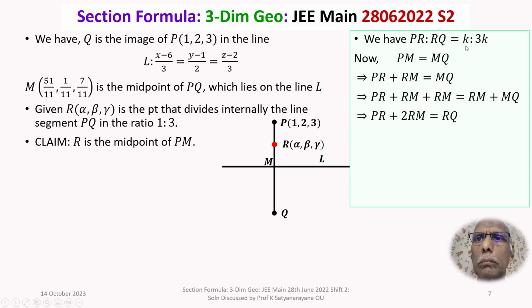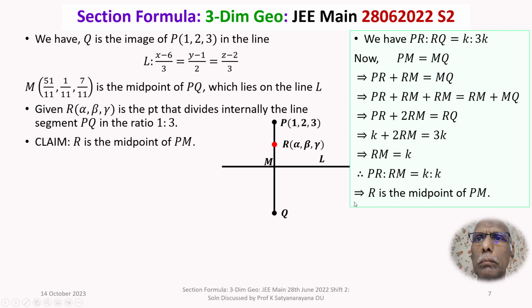Now PR is K. This will imply K plus 2RM is equal to RQ, which is 3K. This will imply 2RM is equal to 2K, so RM is equal to K. Thus PR is K, RM is K, PR is to RM is K is to K, that is 1:1. That means R is the midpoint of PM as we have claimed.